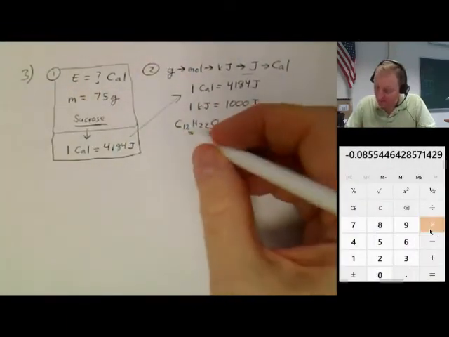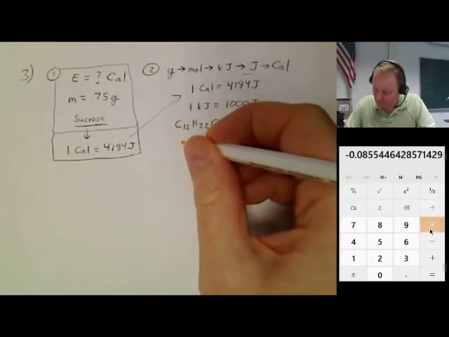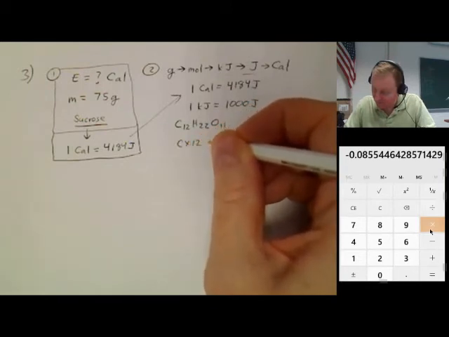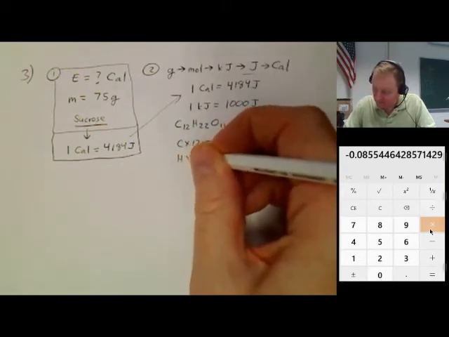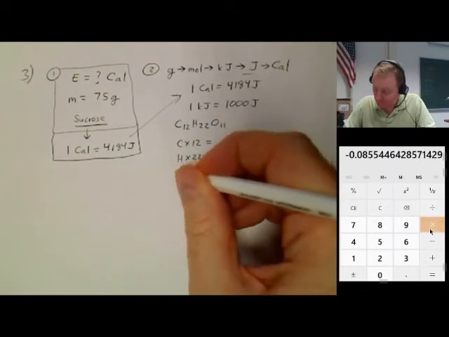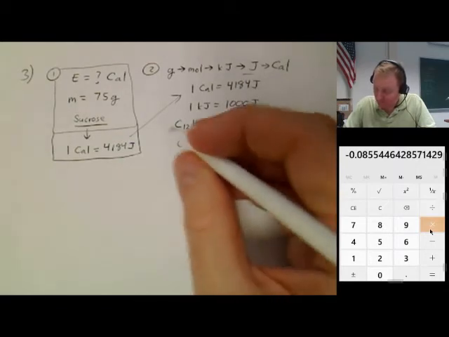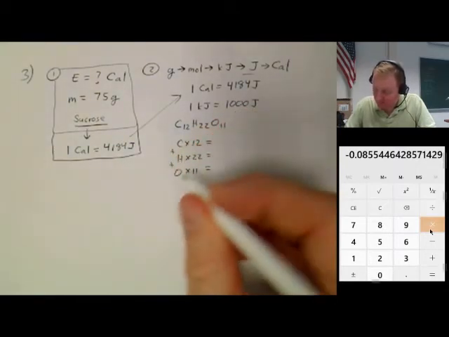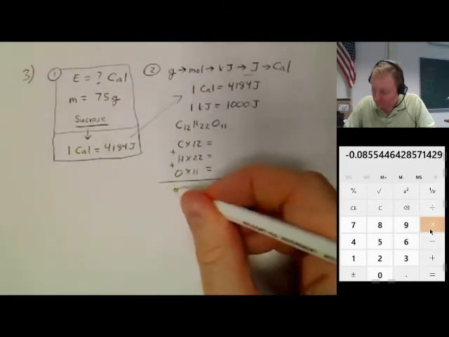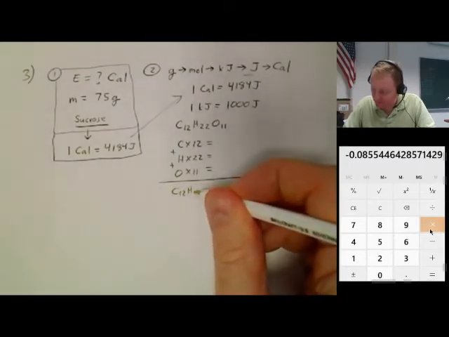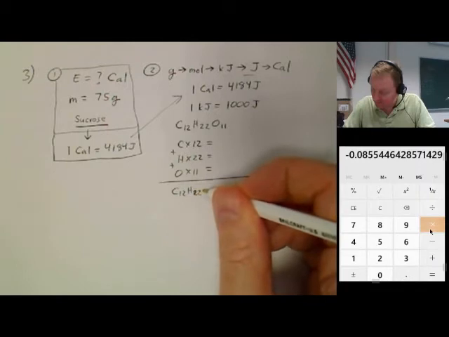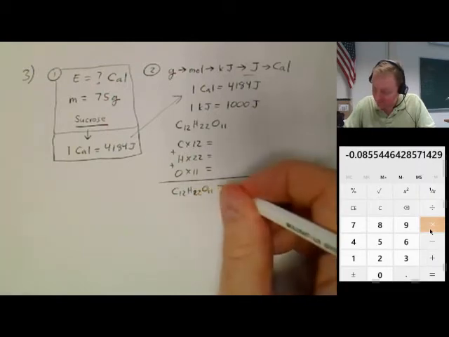So we're going to take C times 12, H times 22, O times 11, and then we're going to add all these up, and that will give us the molar mass of C12H22O11.